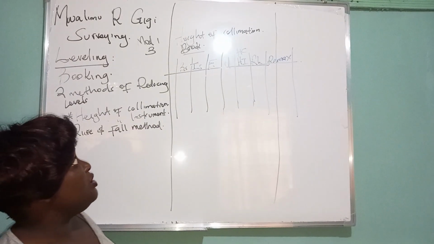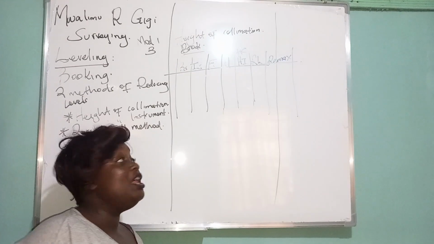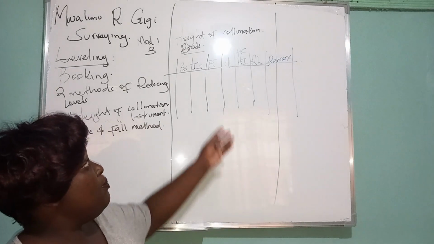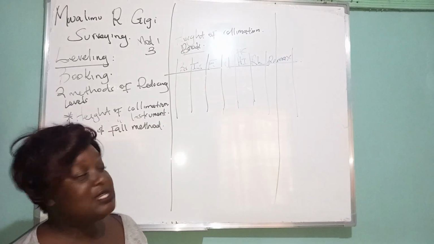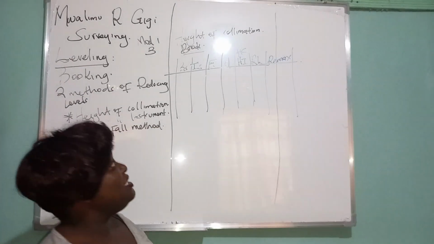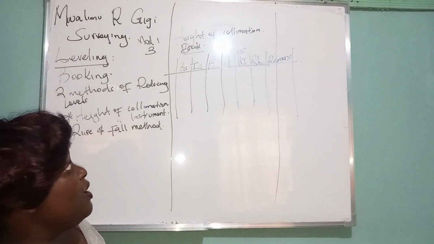So when you want to reduce levels using the height of collimation method, your booking sheet should look like this. You have the backsight, the intermediate sight, the foresight, the distance, the height of collimation, the reduced level, and the remarks.